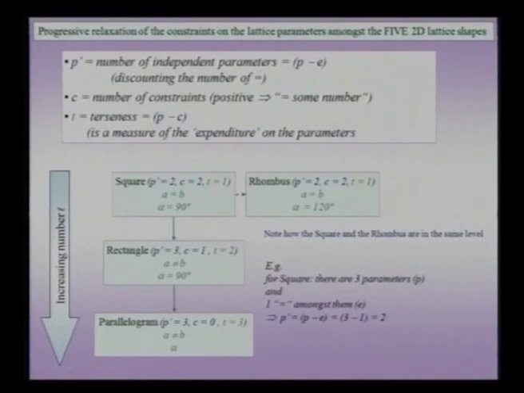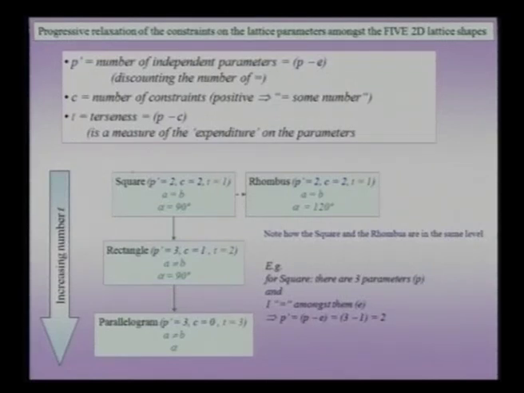We will define terseness as the difference between P and C, which is the number of parameters minus the number of constraints. So terseness tells us the measure of the expenditure on the parameters. The more the expenditure on the parameters, the lower will be its place in terms of the lattice parameter tree.